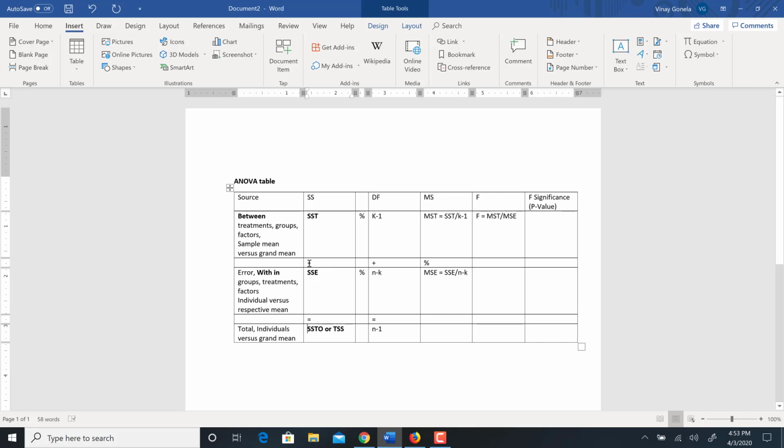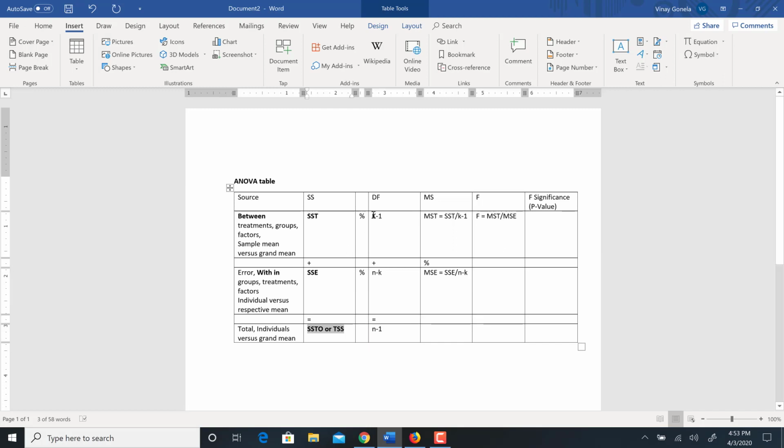So here I tried to explain: the sum of the squares of treatment plus the sum of the squares of error is going to give you the sum of the squares of total.